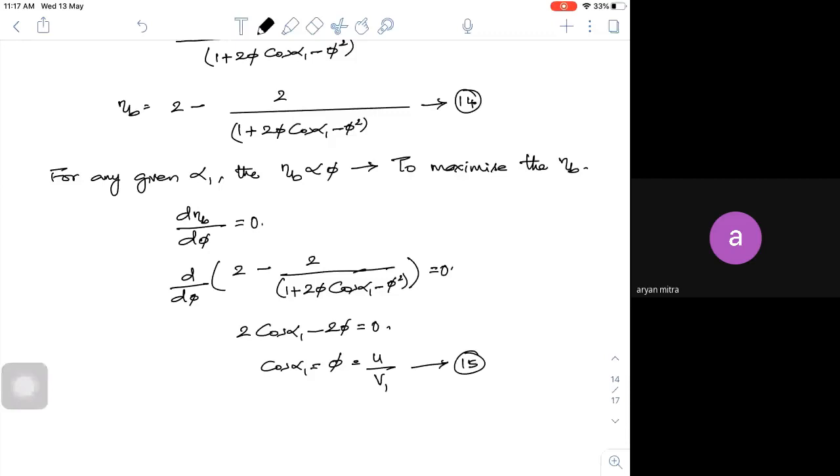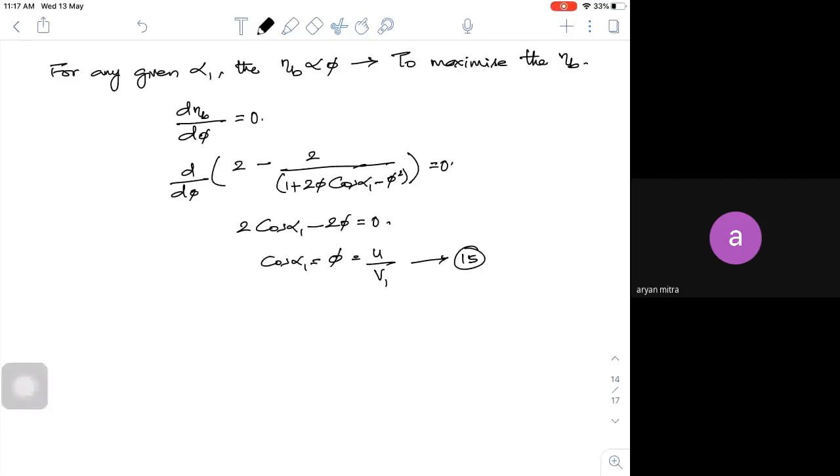Once I know that, how can I find the maximum blade efficiency? It is equal to 2 minus 2 divided by 1 plus 2 into cos alpha 1 into cos alpha 1 minus cos alpha 1 square, which I can simplify as 2 cos square alpha 1.